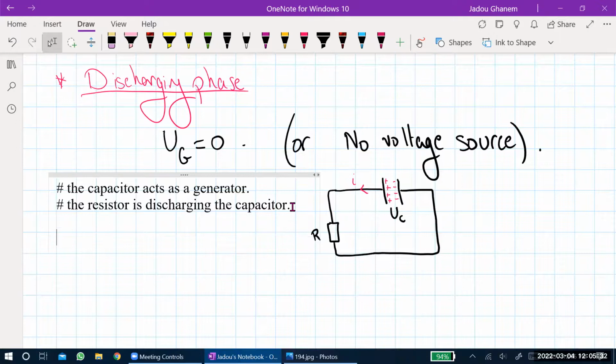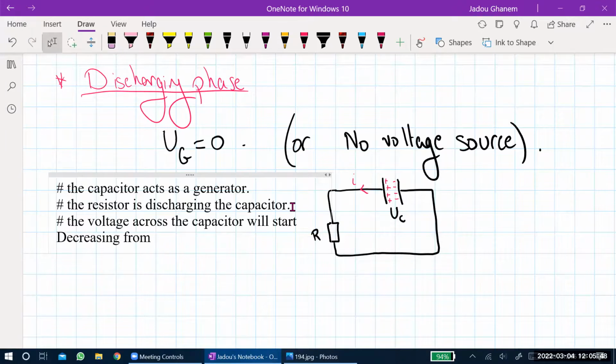So finally, the final idea is that the voltage across the capacitor will start decreasing from capital E, which is its maximum value, to reach 0.